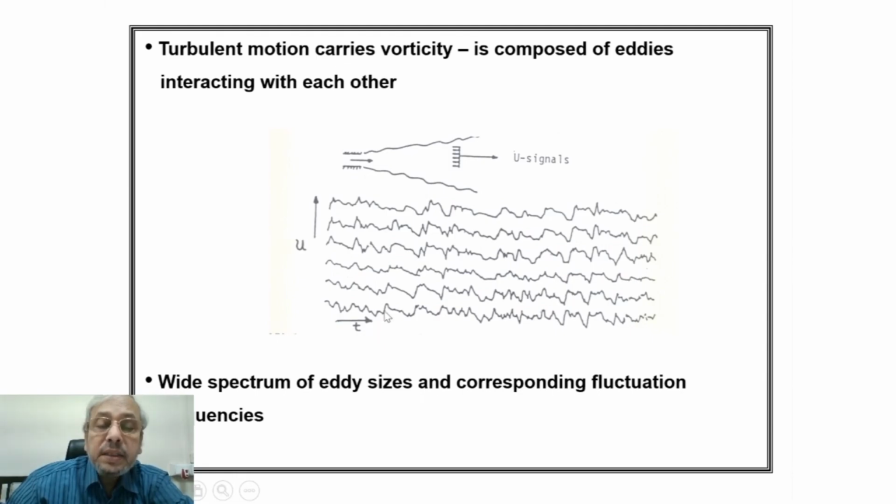And at any instant of time, if you try to see, you will not be able to find any coherence between these instantaneous u's. So every instant it is changing, although there is a possibility of having a mean value which at every point probably the time mean value will be the same.